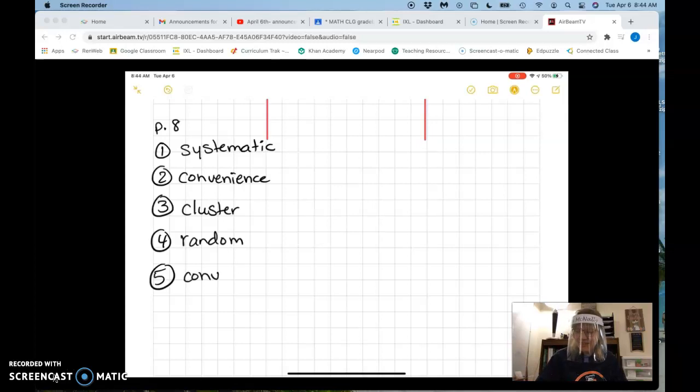Yes, it is convenience. Because they only selected the 9 p.m. movie. They don't want to stand at the theater all night. They just came to that 9 o'clock movie, and everybody going into that 9 o'clock movie is the ones they're asking, so that's convenient. Are the results of this survey likely to be biased?